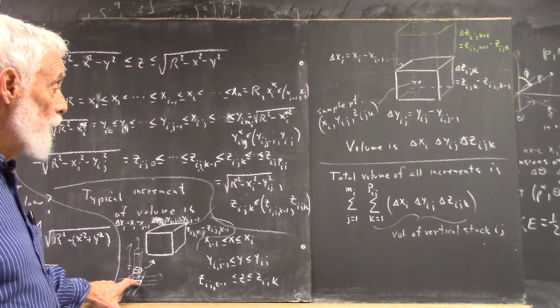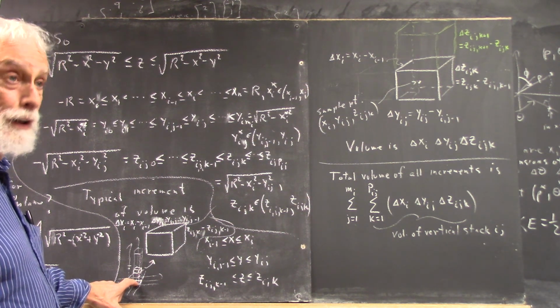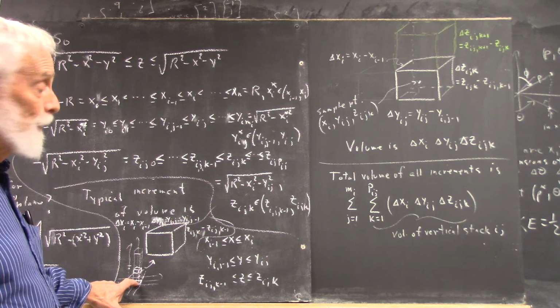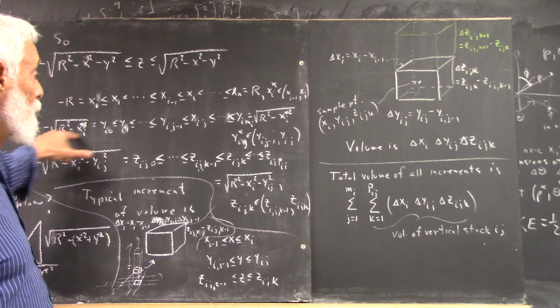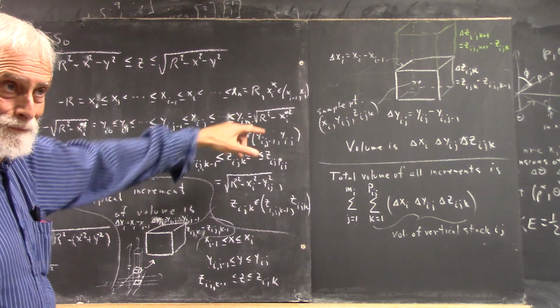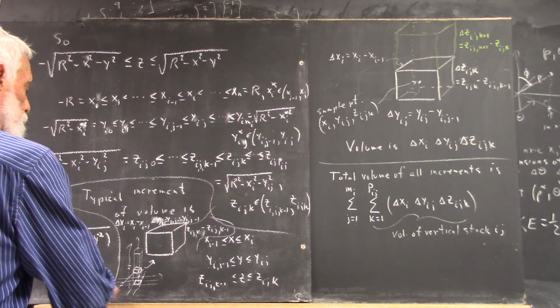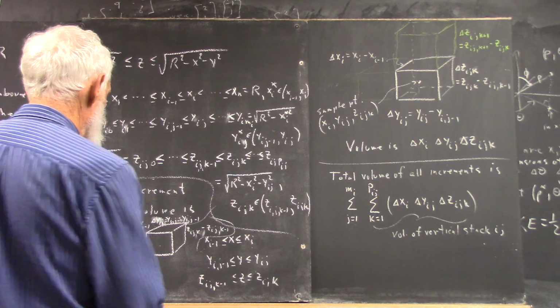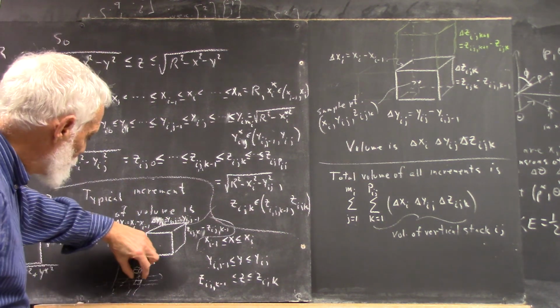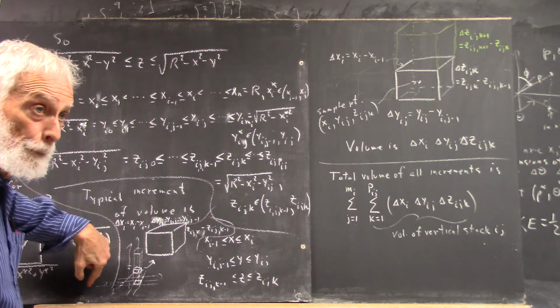And now you're going to let j go from 1 to m sub i, meaning your y is going to go from the left to the right part of the circle down here in the plane. Okay? So when you've got that, you've got these stacks going across this strip here.